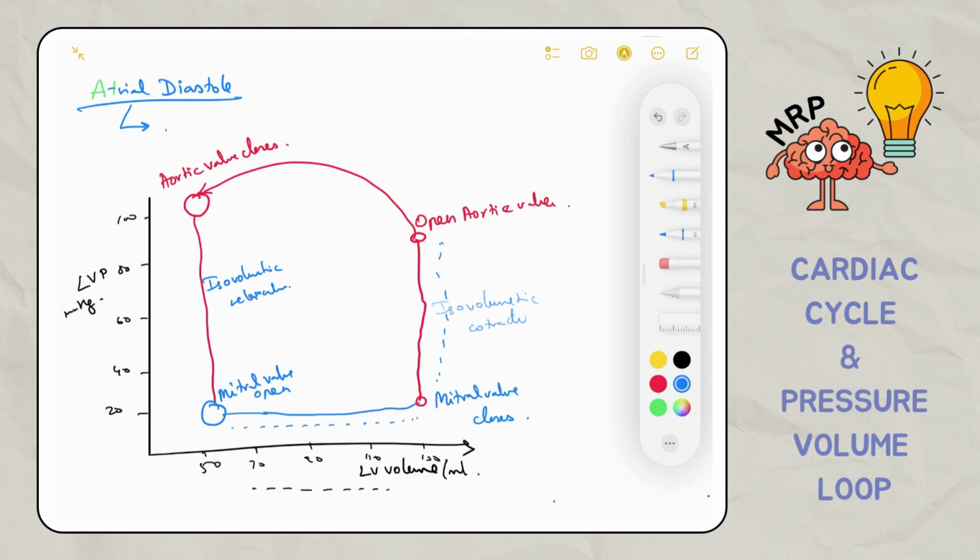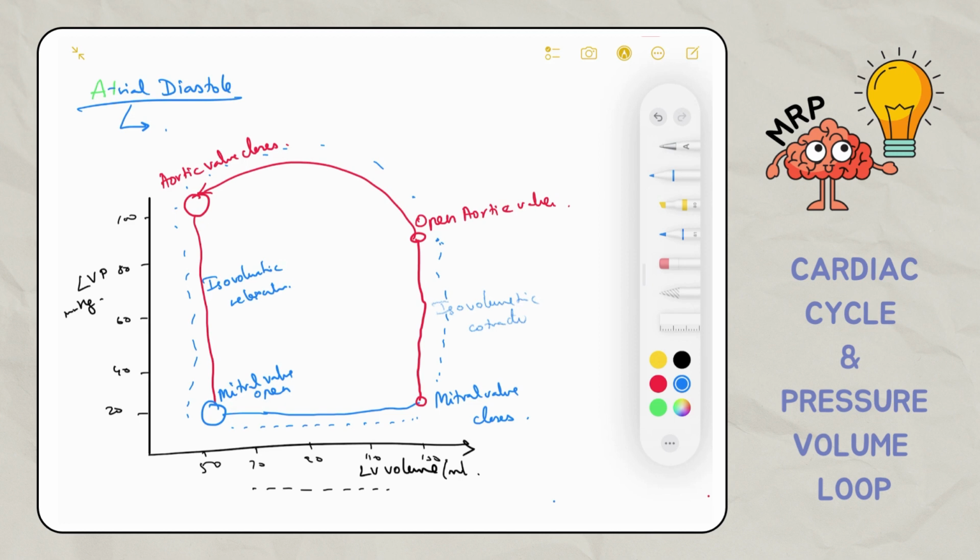Once the pressure is built up, the aortic valve opens and blood goes out into the aorta, and after that, because of the pressure drop and the ejection fraction, once it is over, the aortic valve closes and there has to be a relaxation of the ventricle, and the cycle just goes continuously like this.